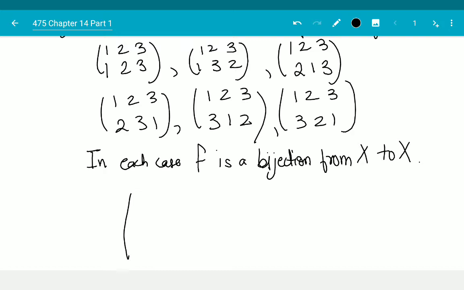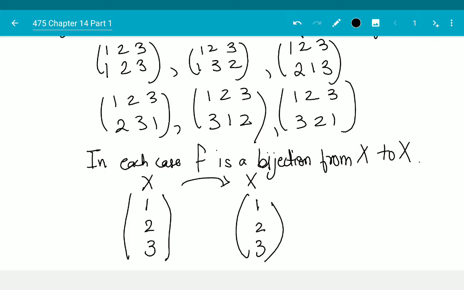I can look at the second one as 1, 2, 3 getting mapped, starting from x and ending at x by f, to another copy of 1, 2, 3. But now, how are things going?